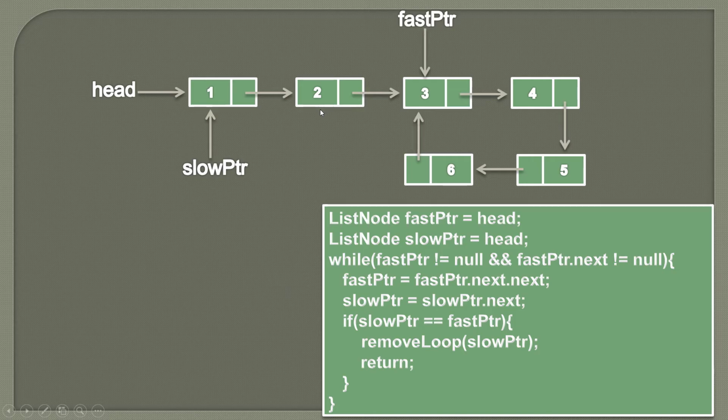We have moved fast pointer by 2 steps and we will move slow pointer by 1 step, and after we perform one iteration, we simply check whether they are pointing to the same node or not. Currently they are not.